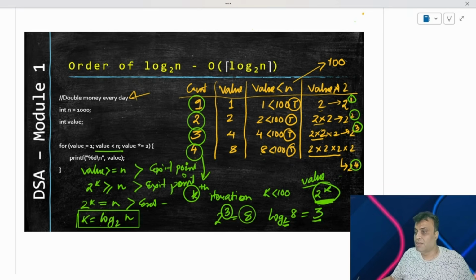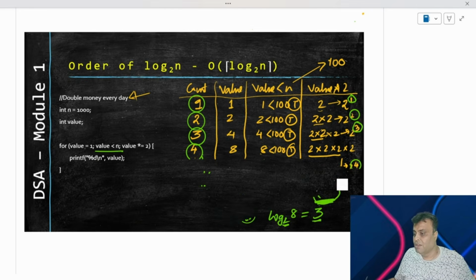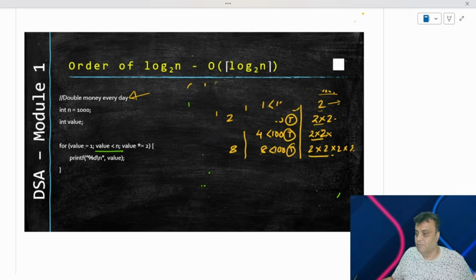I'm sure you can understand now where I'm going, right? So let us conclude that this particular line will run log base 2 of n number of times, right?